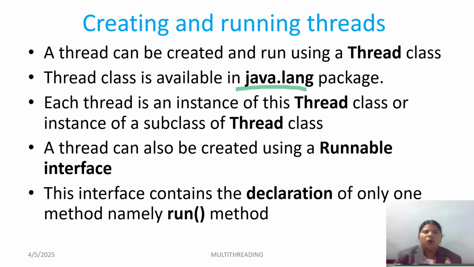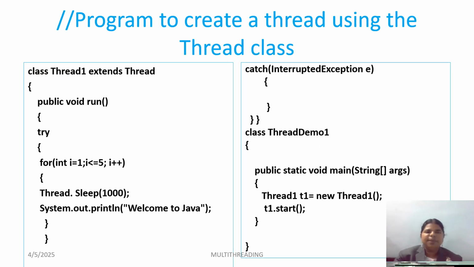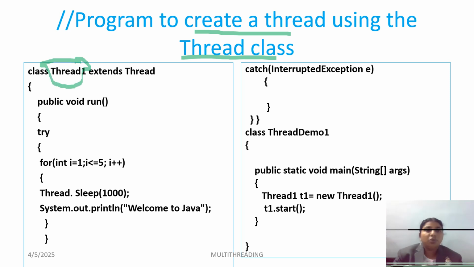A thread can also be created using a runnable interface. This interface contains the declaration of only one method, namely run. So here is a program to create a thread using the thread class. We create a class called thread, which becomes a thread because we extend the thread class.